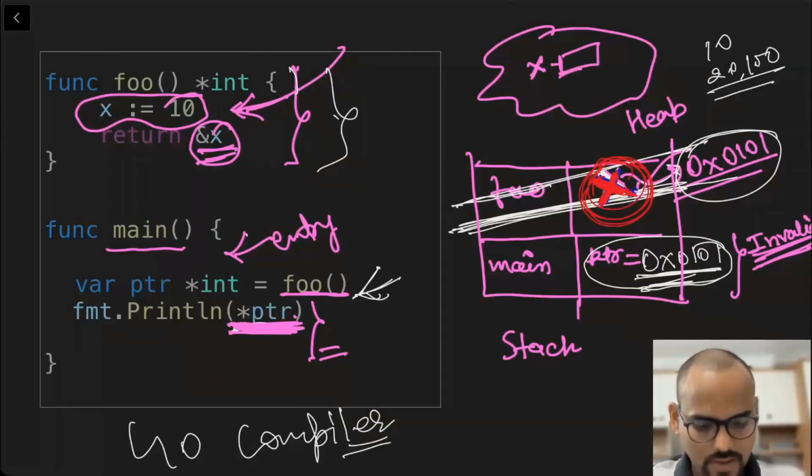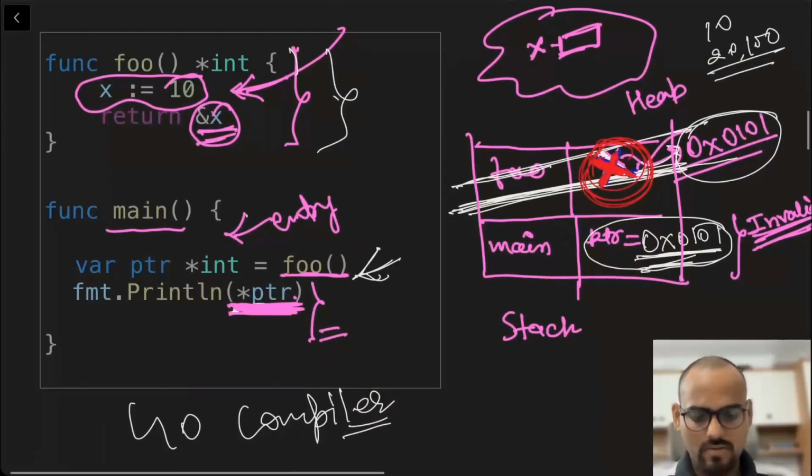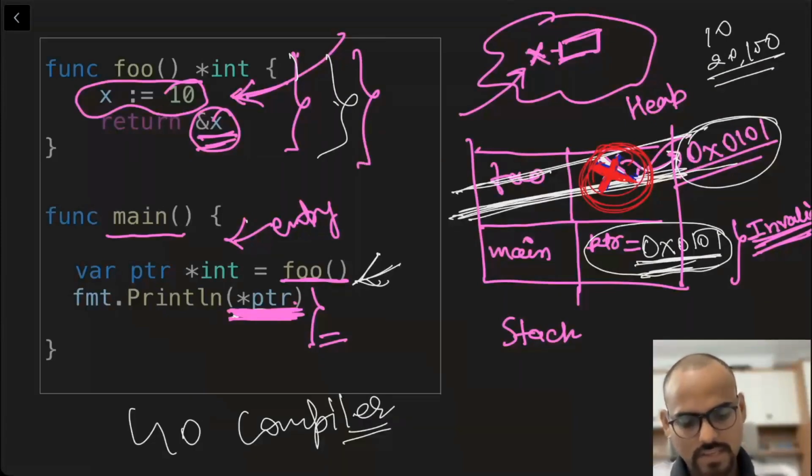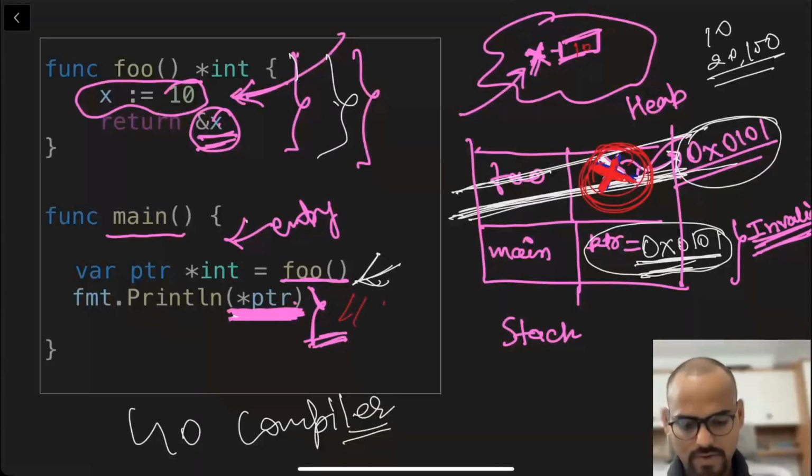Once this memory is allocated on the heap, even if this function completes execution, this x will still survive. So when this ptr tries to access the value at x, it will still point to a valid address, right? So this x will have value 10 here, and this ptr will definitely print only 10.